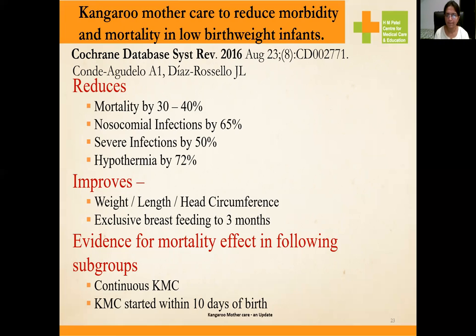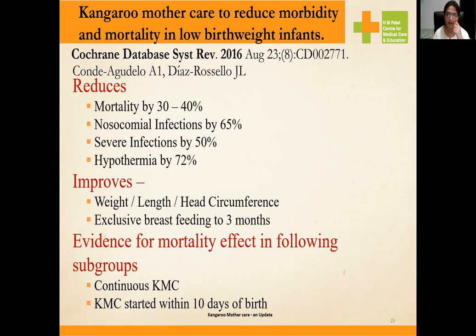It improves the weight, length, and head circumference of the baby, and it also promotes exclusive breastfeeding up to 3 months. And the evidence for the mortality effect is stronger in the following subgroups: if the mother has been giving continuous KMC and if the KMC has been started within the first 10 days after birth.